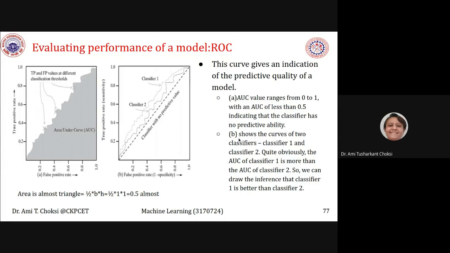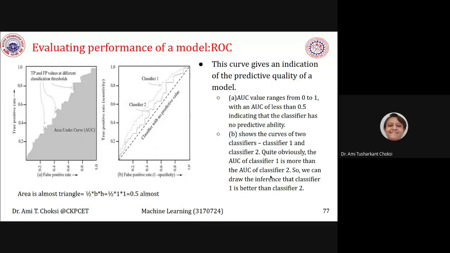So what about figure B? It shows two curves for two classifiers, classifier 1 and classifier 2. The inner one is for classifier 2 and the outer one is for classifier 1. It is quite obvious that the AUC for classifier 1 is more than that of classifier 2.